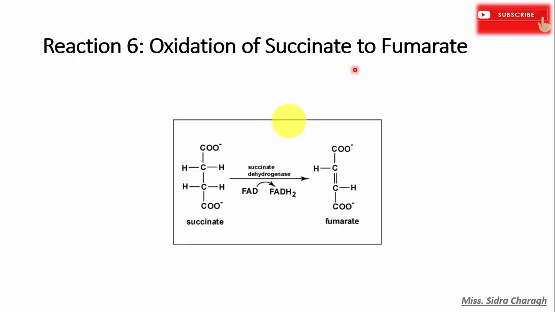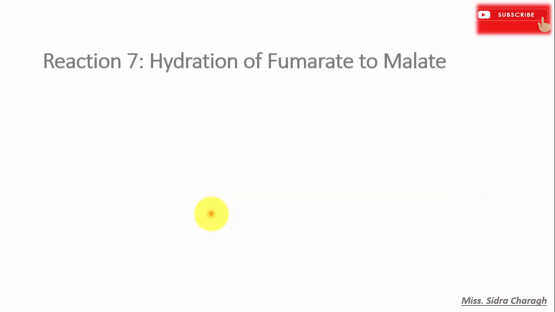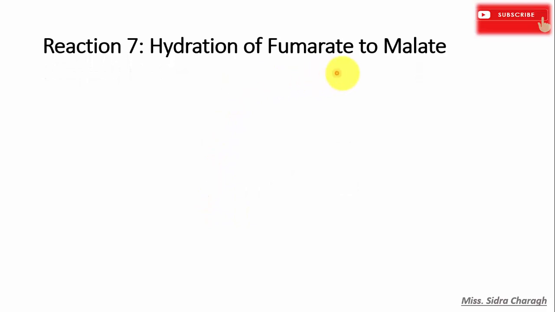And step 6 is the oxidation of succinic acid to fumaric acid. In this reaction, succinic acid is oxidized to form fumaric acid. During this oxidation, FAD is reduced to FADH2, and the enzyme succinate dehydrogenase catalyzes the removal of 2 hydrogens from the succinate molecule. And step 7 is the hydration of fumaric acid to malic acid.